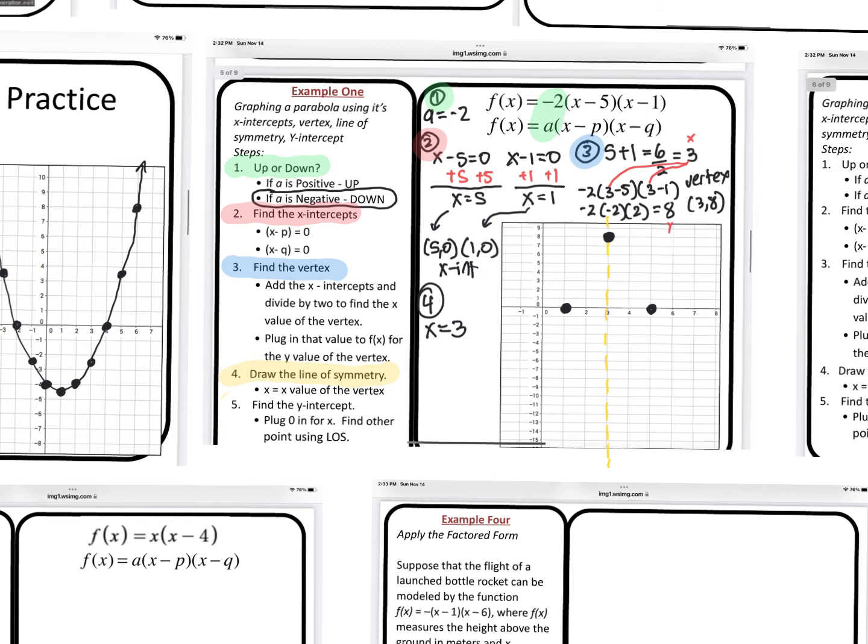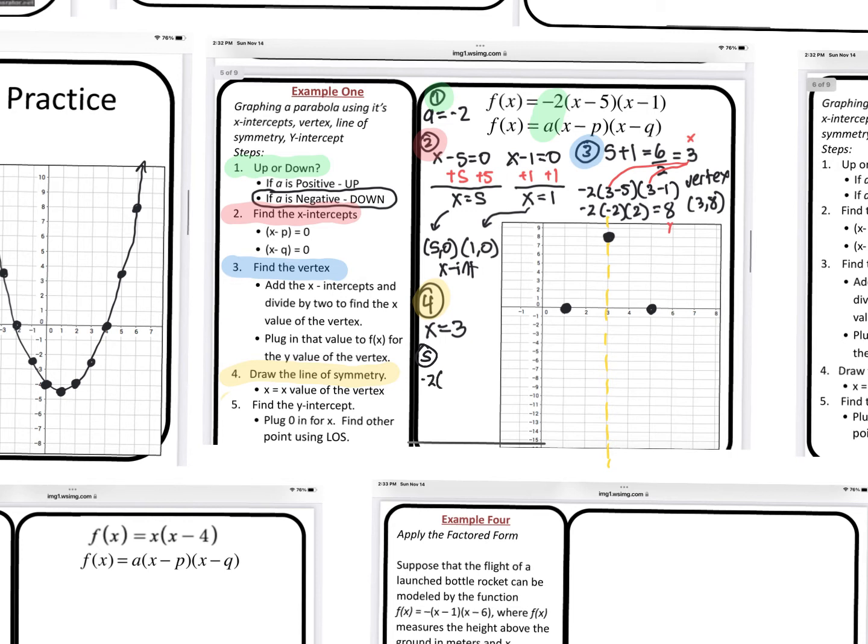And then lastly, we have to find the y-intercept. To find the y-intercept, we go and I'm going to plug 0 in like we typically would. Plug it into the original.